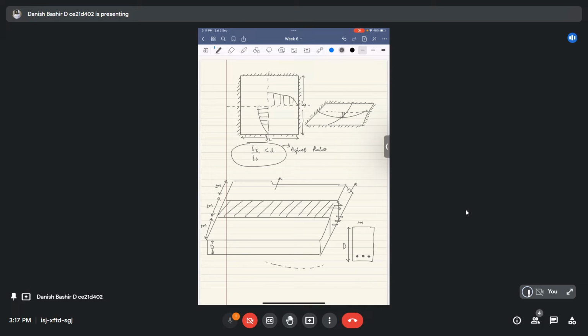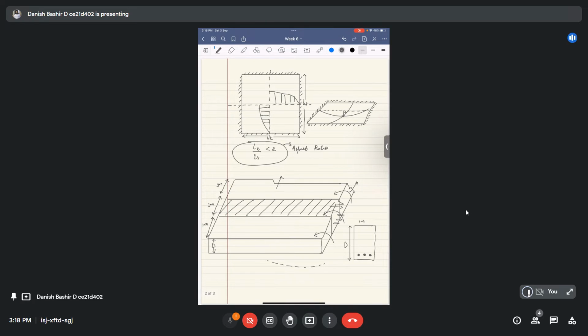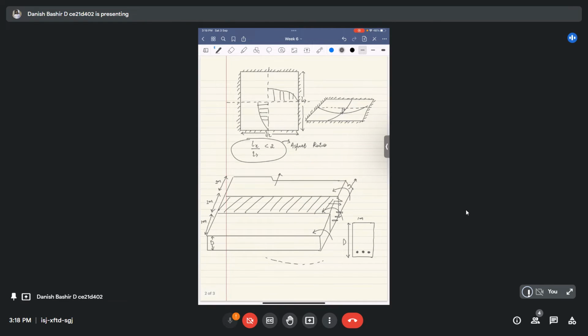This reinforcement is needed because I have cut this slab section from the main part. It will be having moments like this. Everybody agrees with this fact. The reinforcement provided at the bottom of this slab, which I designed from the beam section, is known as primary reinforcement, or the main reinforcement.